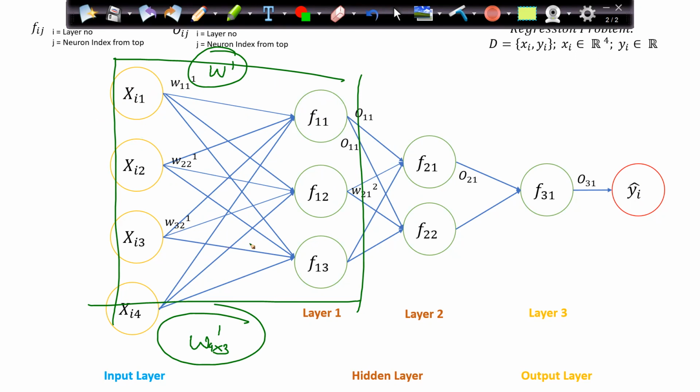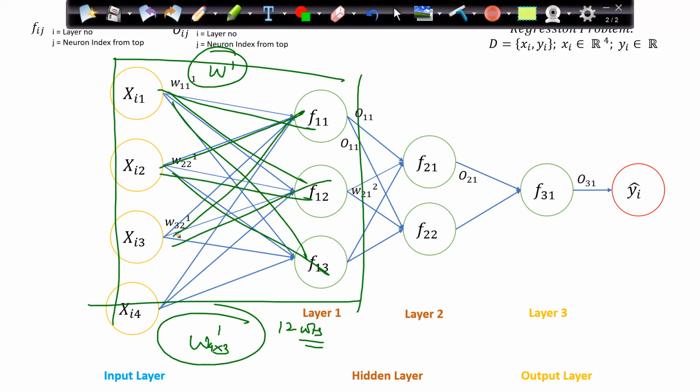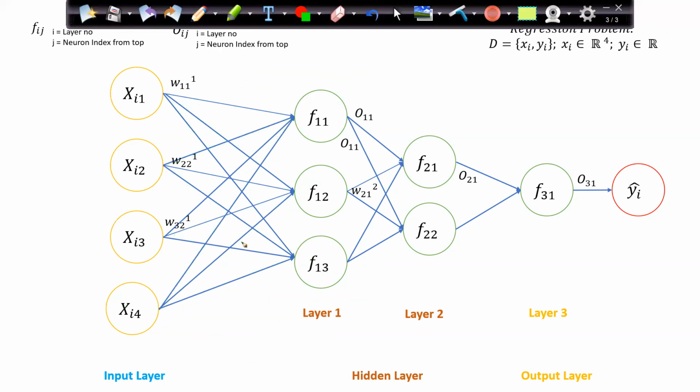So 4 into 3 is 12. So we have a total of 12 weights which we have to update: first weight, second weight, third weight, fourth, fifth, sixth, seventh, eighth, ninth, 10th, 11th, 12th, like that. So we have 12 weights here, which is going to be a 4 cross 3 matrix at the first layer of my network.